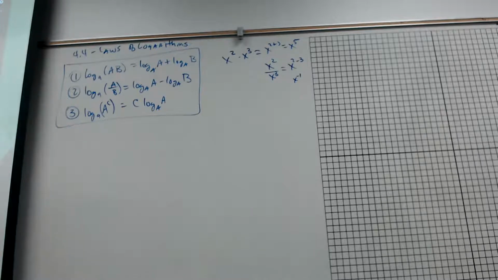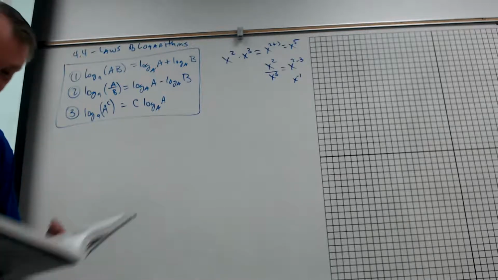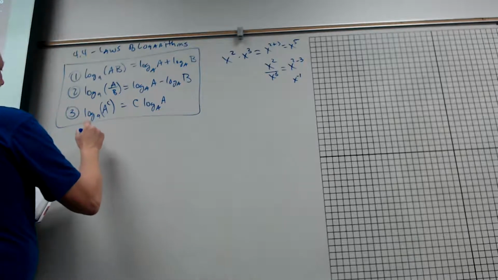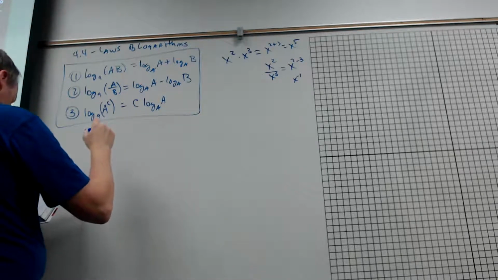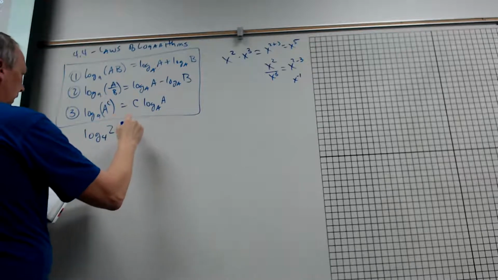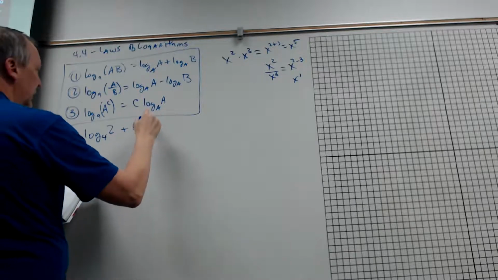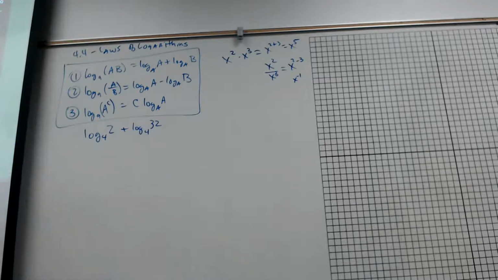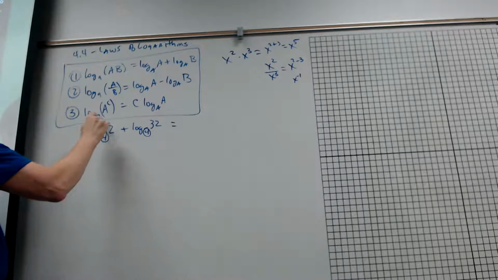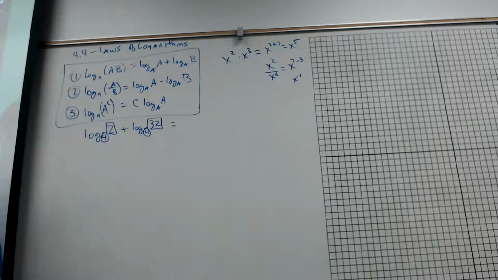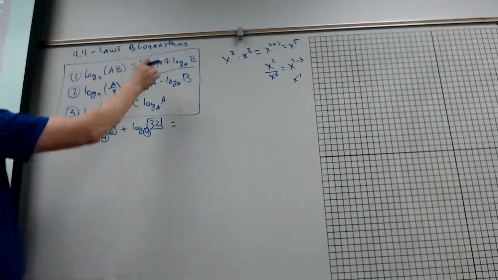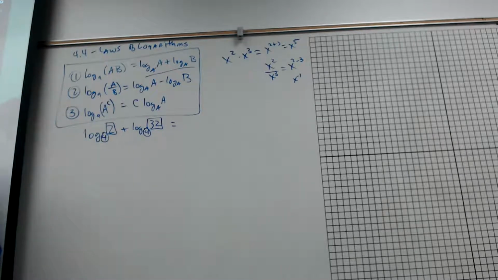Okay? All right, so let's put these laws into use. If I have the log base 4 of 2 plus the log base 4 of 32, okay? Now, because these are the same base, they're both base 4, right? What can I do with the big numbers? I can use this in reverse, right? I've got a plus here, I can combine them together. Okay?